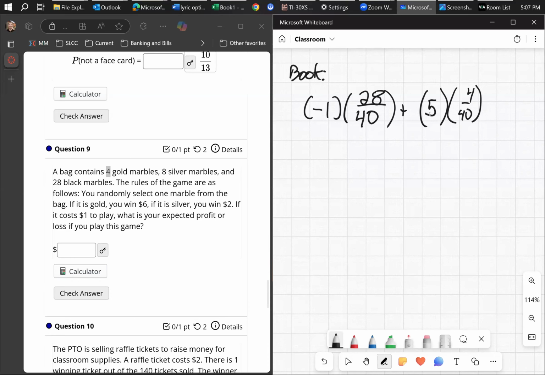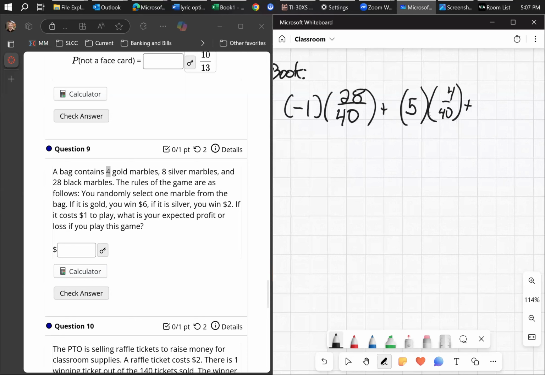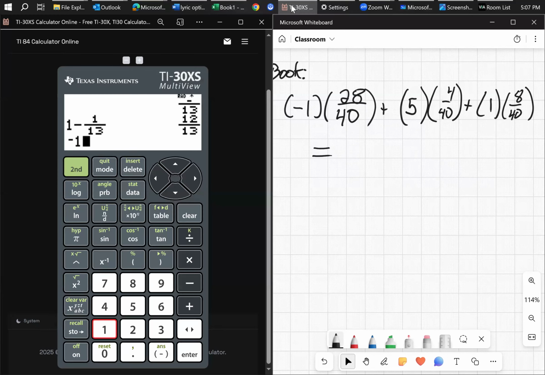Even though it says you win 6, you actually win 5. And then if you get a silver, you don't win 2, you win 1 because you get your original dollar back. And that happens silver 8 of the 40 times. So all of that together gives you your expected value.